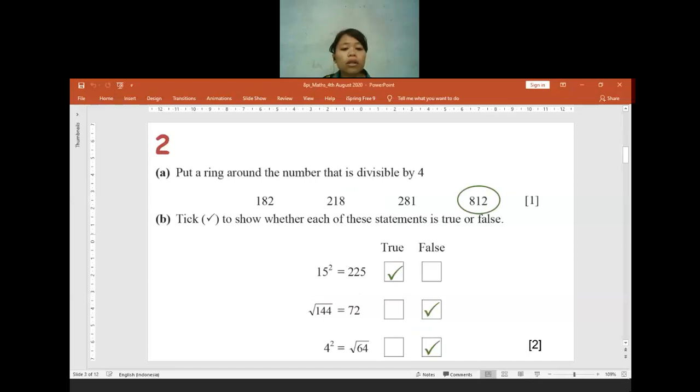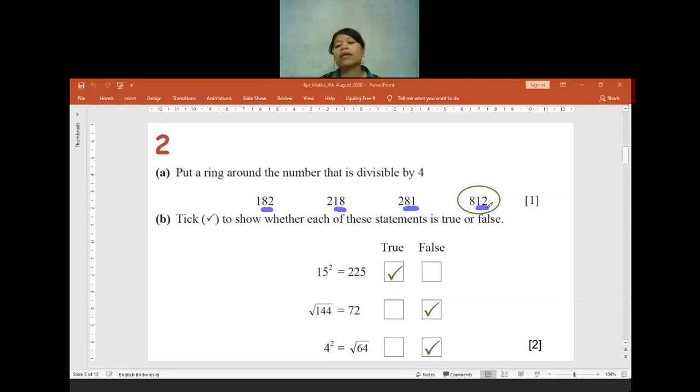Now for question 2, put a ring around the number that is divisible by 4. To check if a number is divisible by 4, you can just look at the last two digits. 82 is not divisible by 4, so no. 18 is not, so we do not pick 218. 81 is not divisible by 4, but the number 12 is divisible by 4.